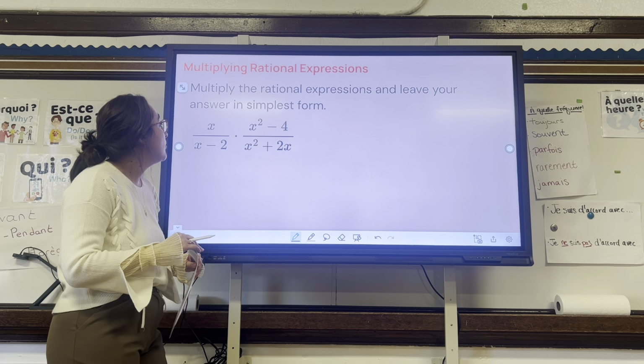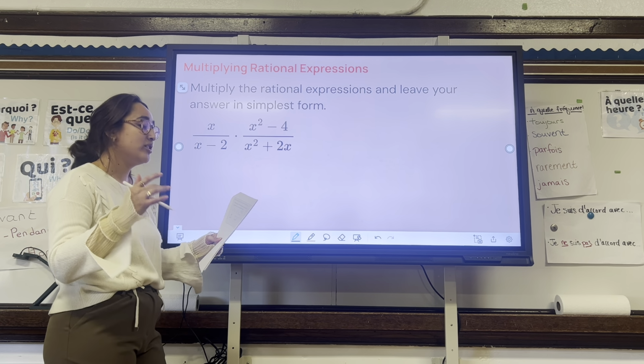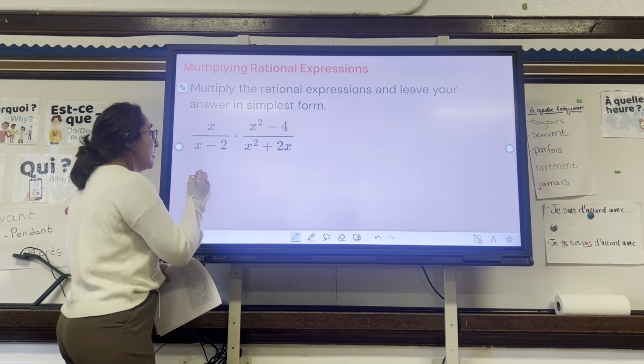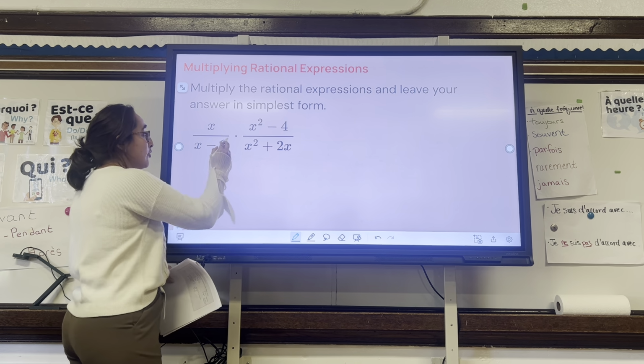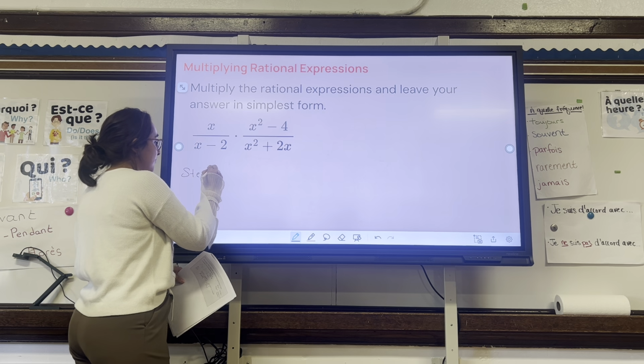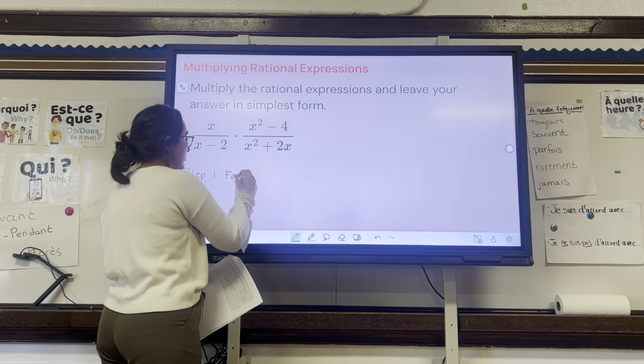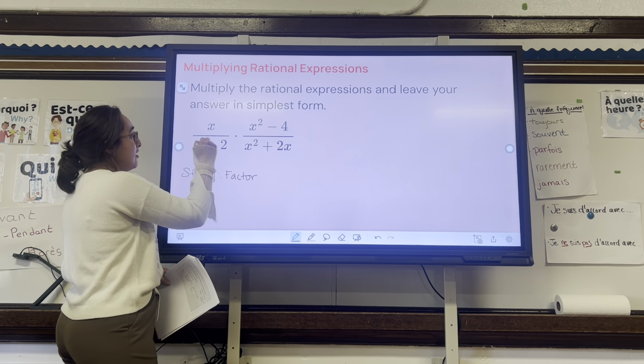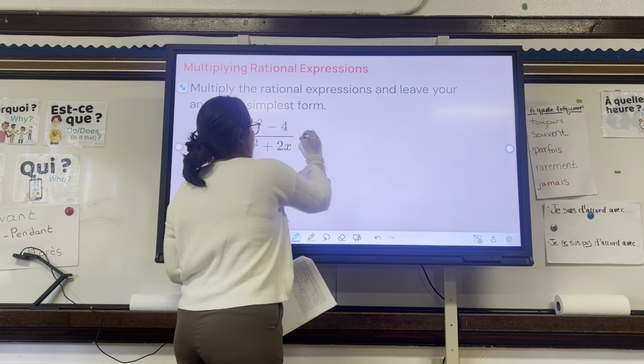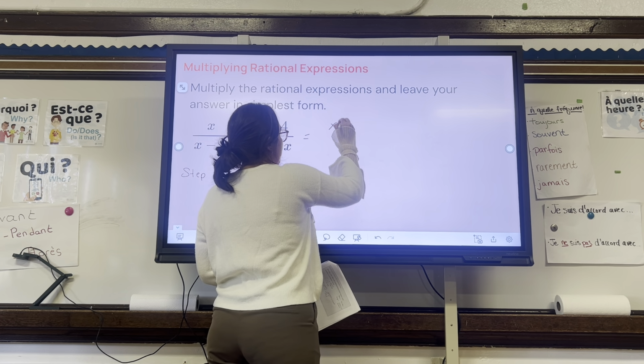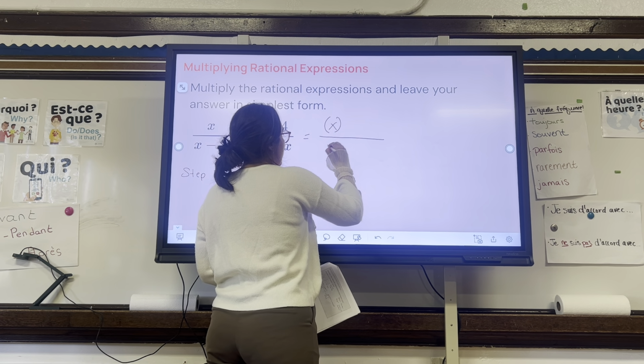Alright, so when we are multiplying, your steps are going to be the exact same, right? Because when we multiply, everything can be combined. So what that means is step 1 is again factor. None of this can be factored, so I'm just going to rewrite it, and we have x minus 2.